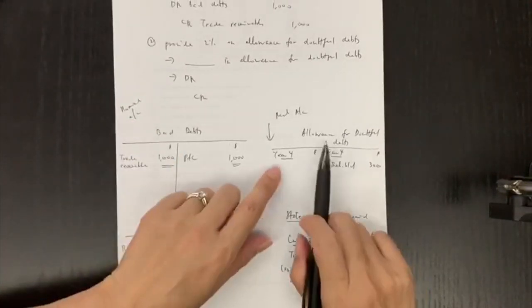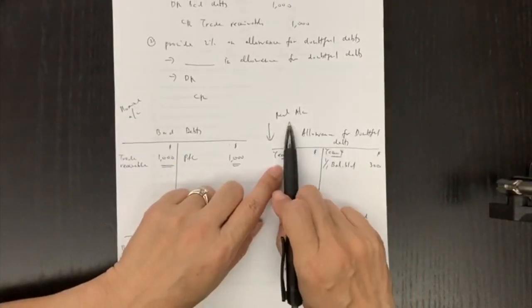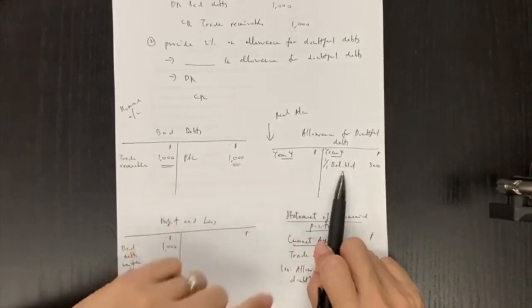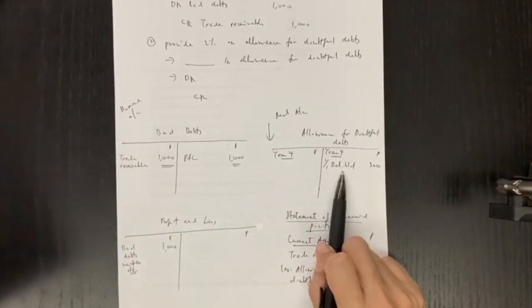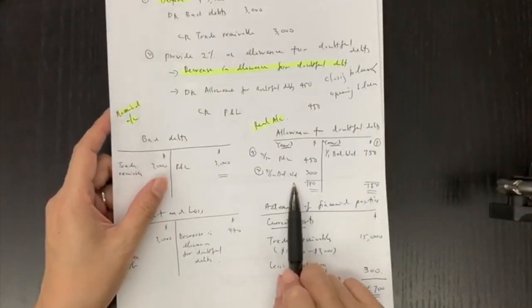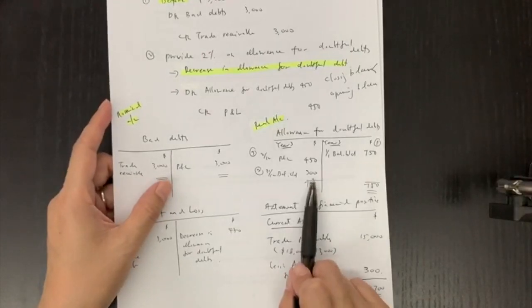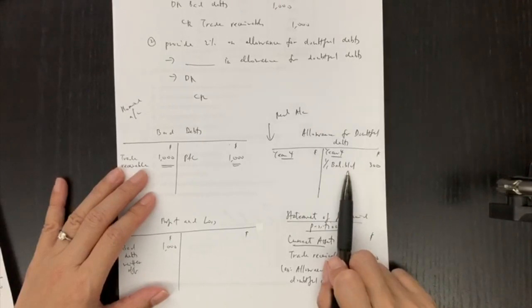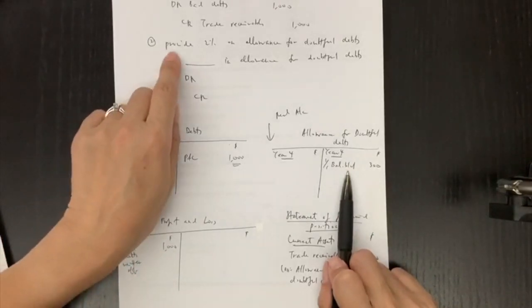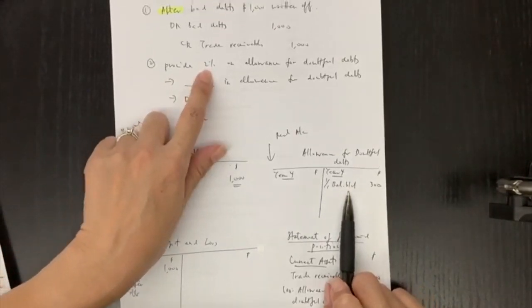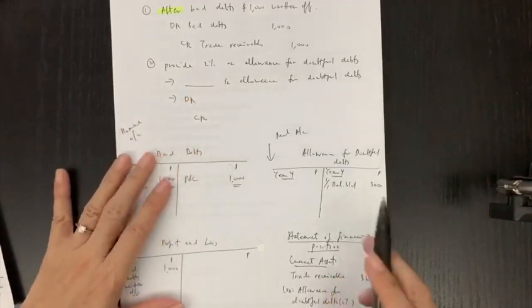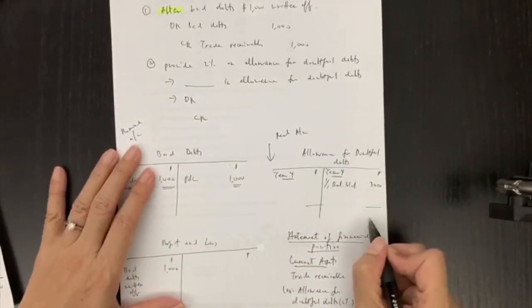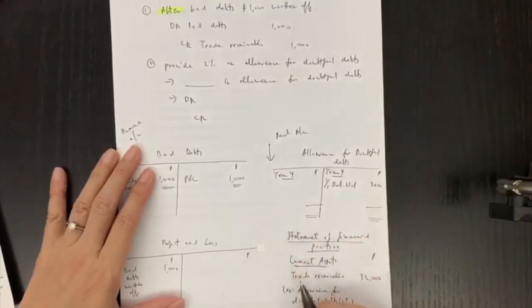All right, and what about allowance? Allowance is new, so we will have opening. So where to get opening? You refer to year 3. This is closing in year 3, which is 300, so I start with 300 as opening, right? Okay, and what is the percentage? I estimate 2%, same as before. So to close it, remember the sequence. This is very, very important.